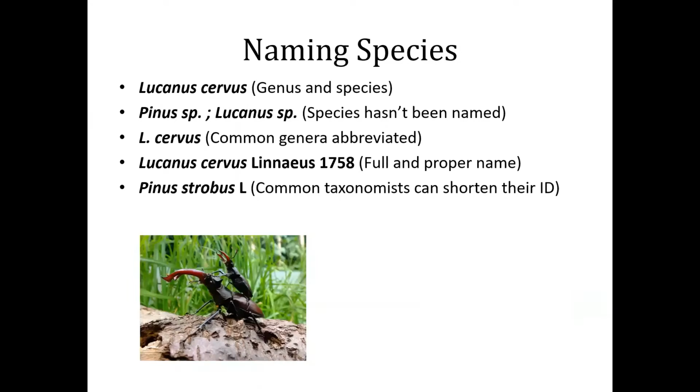A species like this beetle down here, Lucanus cervus, that's the genus and species name. If you see something written with sp. at the end, that means it hasn't been named yet, or we don't know the name, but we do know the genus. Sometimes once you've written the genus name, you can just abbreviate, and there are other rules.